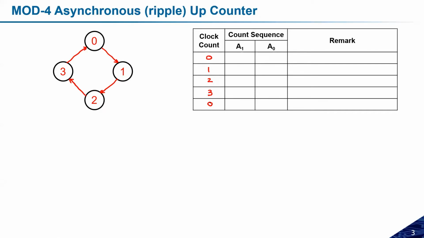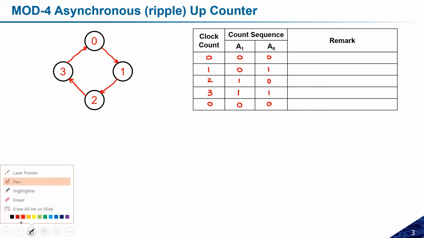Now suppose I have 2 outputs of the flip-flops. So what should be the sequence? The first sequence will be 0, 0. Second sequence will be 0, 1. Third sequence should be 1, 0 because it is the up counter. And the last one is 1, 1. And then again it should be reset to 0, 0. So what does it mean?